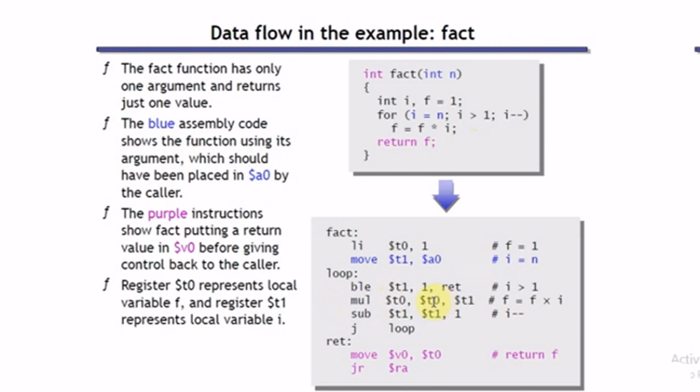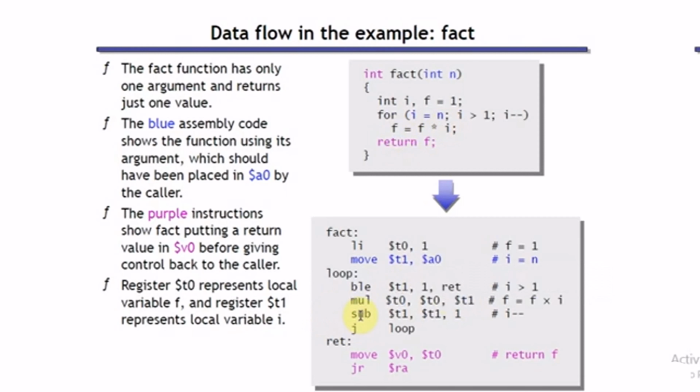If it is greater than 1, we come to the multiply, and we multiply the value of $t1 with f and store it inside f. This is $t0, corresponding to f, and $t1 is corresponding to i.